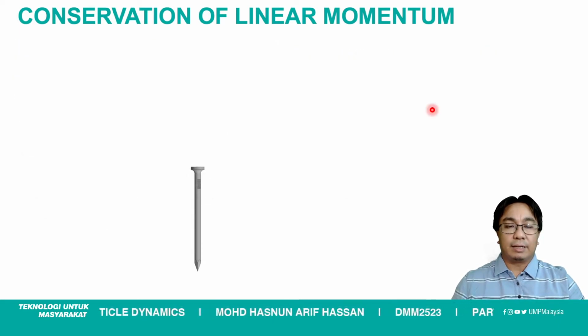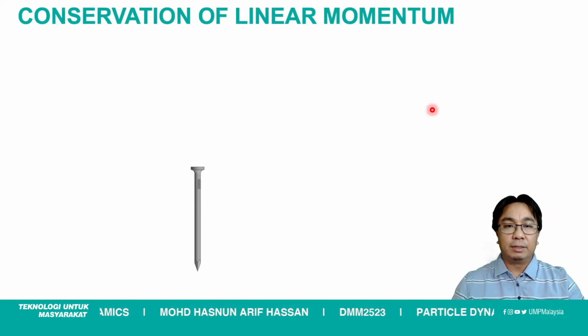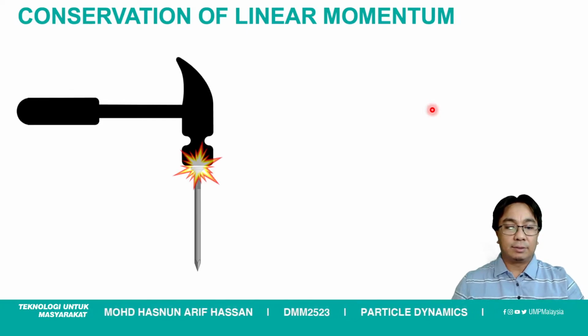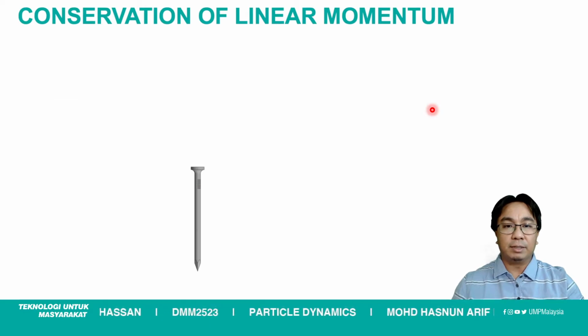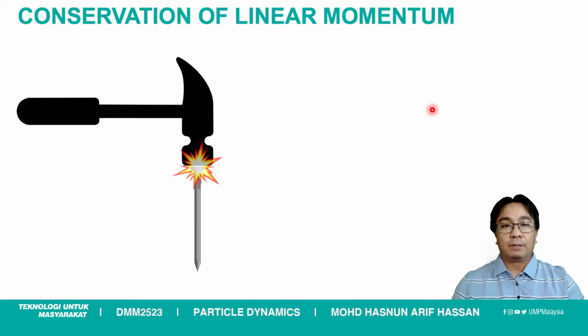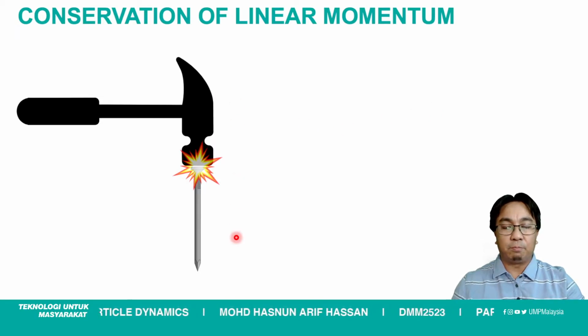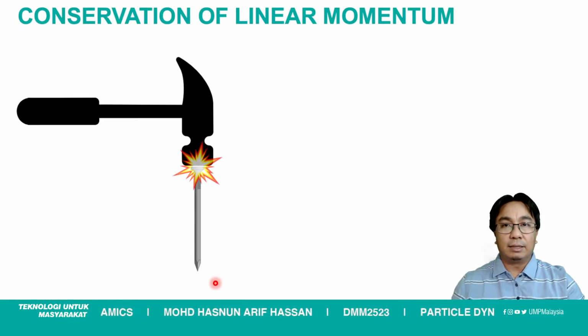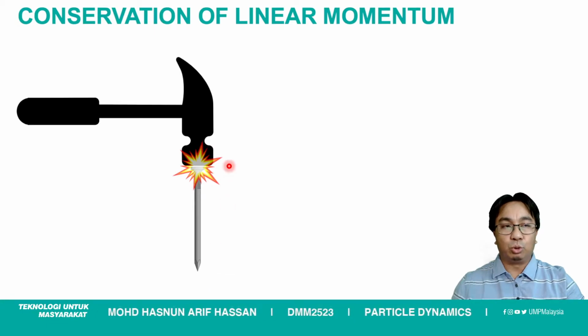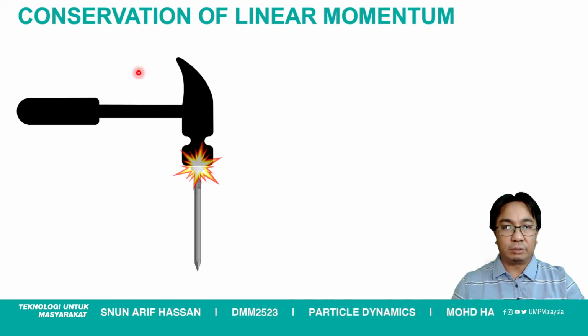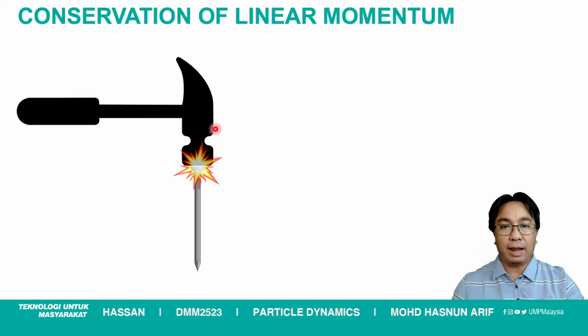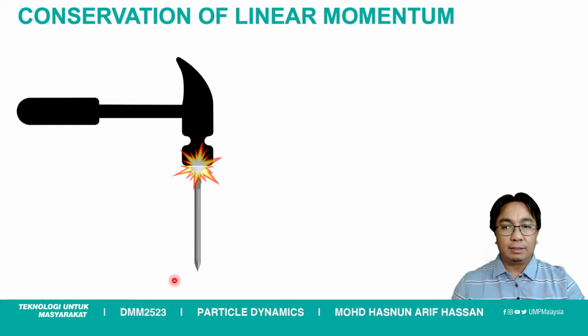Let's take an example of a hammer pounding a nail. Basically the situation here is a hammer hitting a nail. In this case, we can look at this problem as the impact between two particles. The first particle or the first object is the hammer impacting the nail.